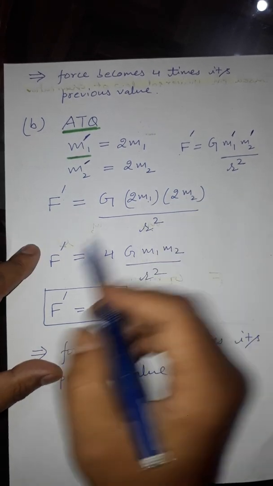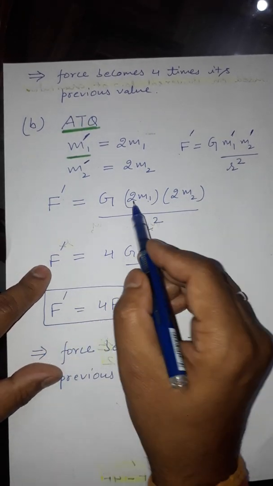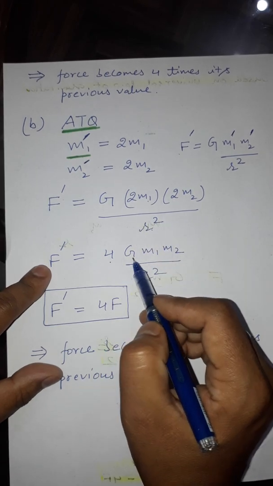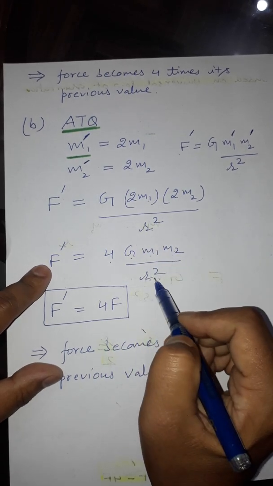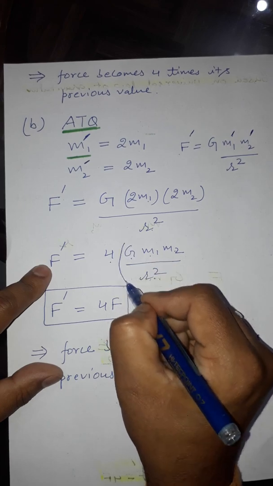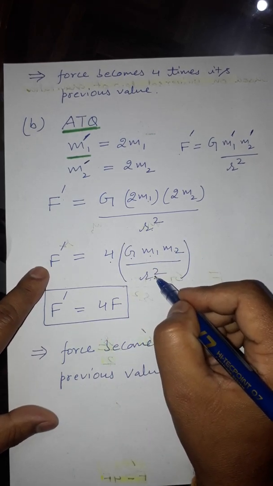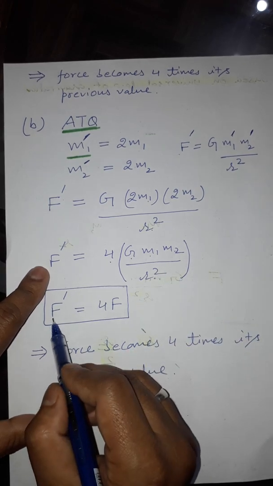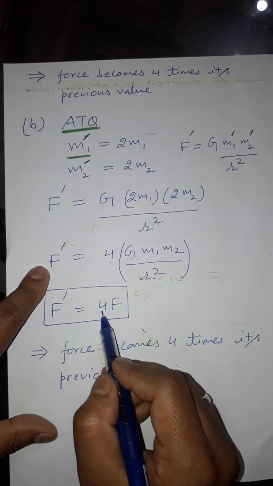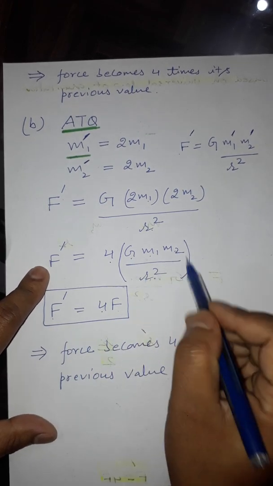So the new force F dash is equal to 4 G m1 m2 over r square, and G m1 m2 over r square was the previous force. So the new force F dash is 4 times the original force.